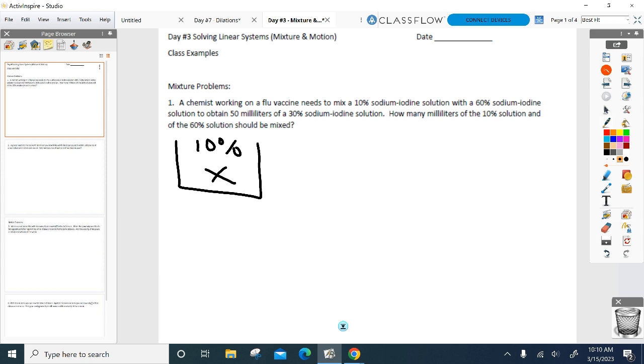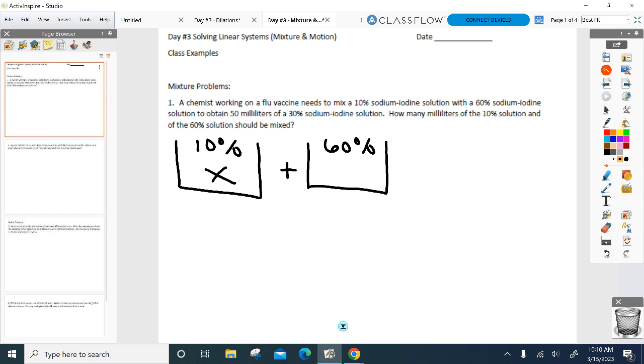All right, I need to mix that with, here's your second bucket. What's the other type of solution I'm putting with it? 60%. Do I know how much I have of that? I'm trying to find it. Is it necessarily the same as the 10?